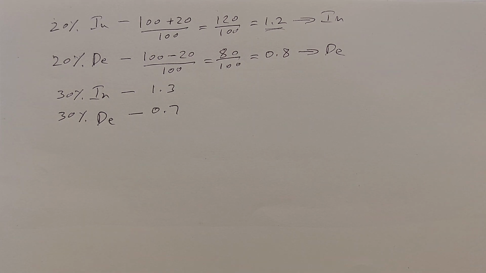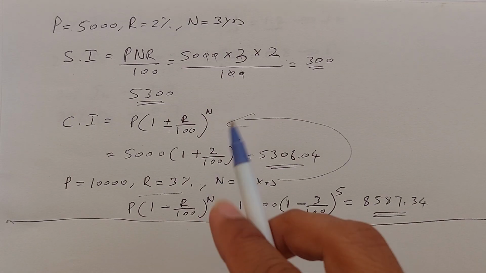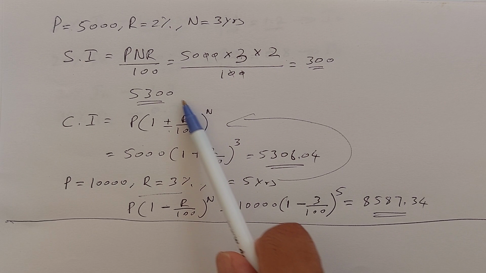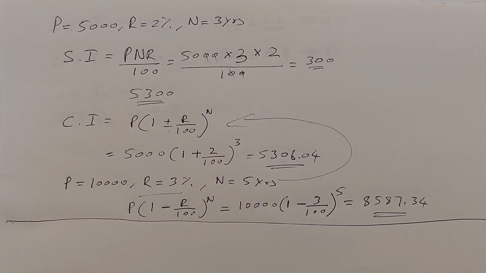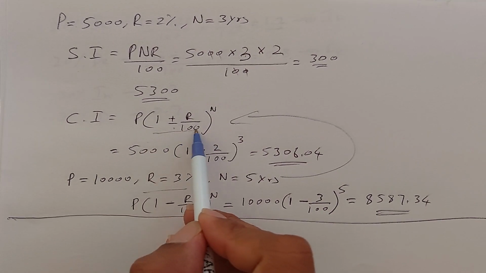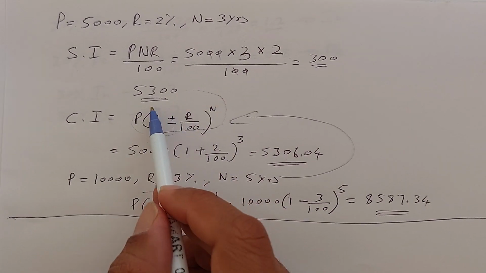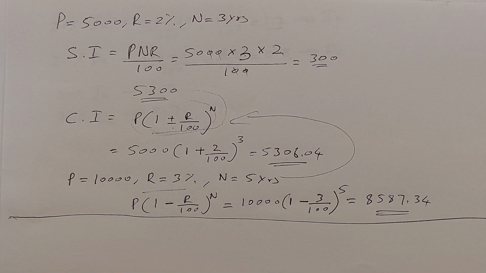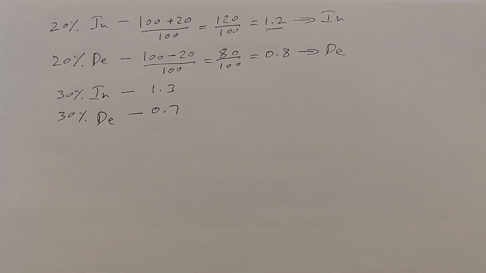So now in the previous question about the formula we discussed, this whole formula we can easily get rid of using the multiplier. So 1 plus or minus this whole lot, you can just get rid of using the multiplier.